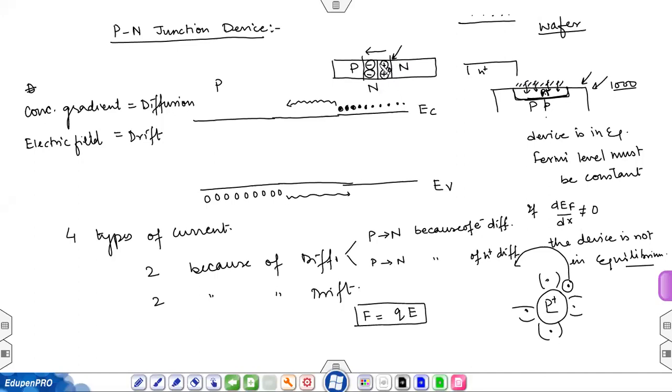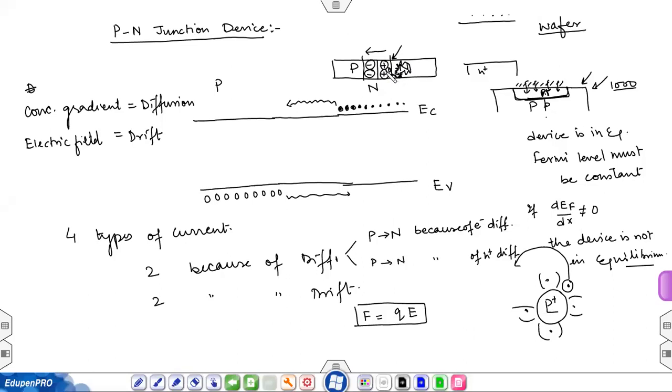Now, can anyone tell me this hole will experience a force or not? Yes, definitely it will experience a force because it is present in the depletion region, in the electric field. So what do you think? अगर ये hole यहाँ पर भी है, and let's say it's in a random motion, suppose at any point of time it comes very close to this depletion, this electric field.